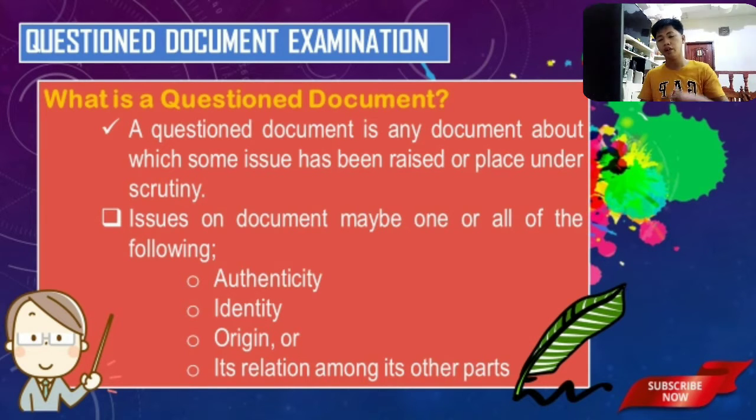Now, you're applying for a job, and you presented them a diploma, and they question whether or not your diploma is indeed authentic or fake. So nagkaroon na siya ng issue based on its authenticity. Magiging yung diploma mo will now be considered as a question document.